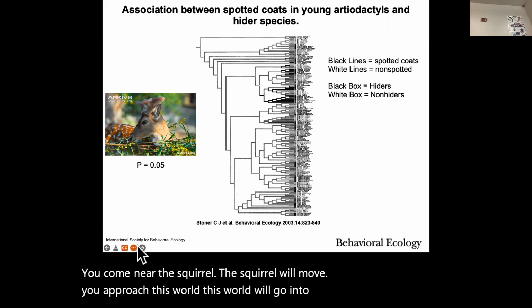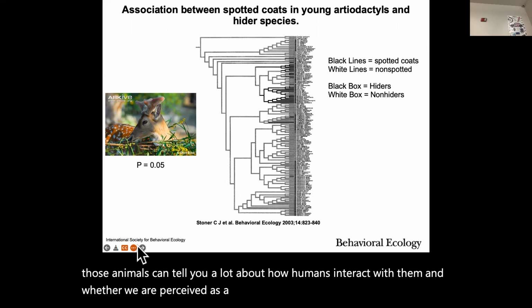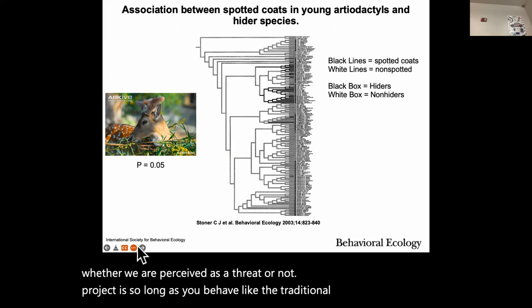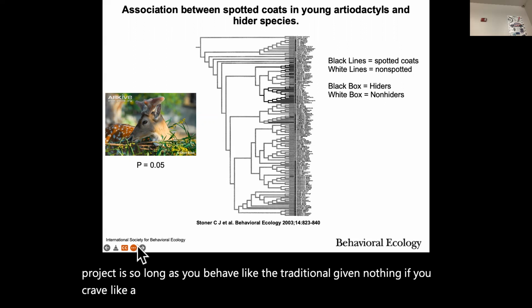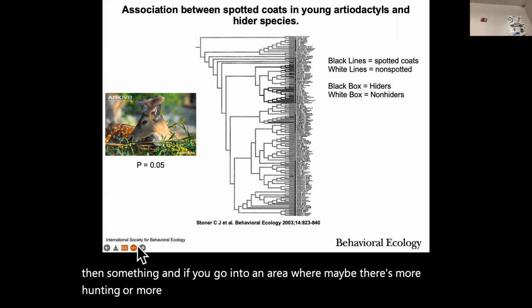Those animals can tell you a lot about how humans interact with them and whether we are perceived as a threat or not. On our campus, so long as you behave like the traditional human, nothing. If you behave like a non-traditional human, then something. And if you go into an area where maybe there's more hunting and more direct interactions with wildlife, then you'll get differences in behaviors.